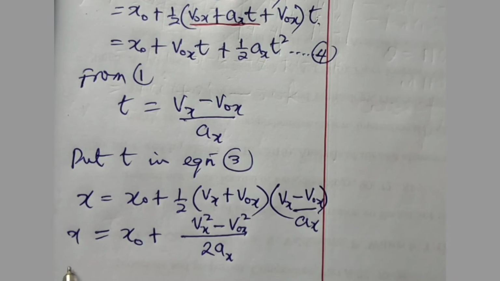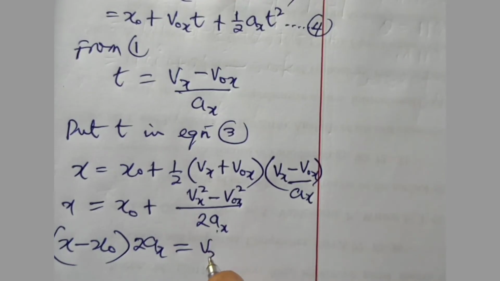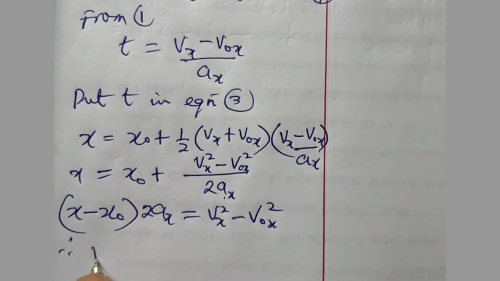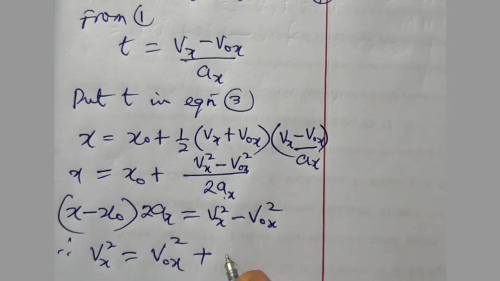If we do cross multiplication, we have (x minus x0) times 2ax equal to vx squared minus v0x squared. So vx squared is equal to v0x squared plus 2ax (x minus x0).